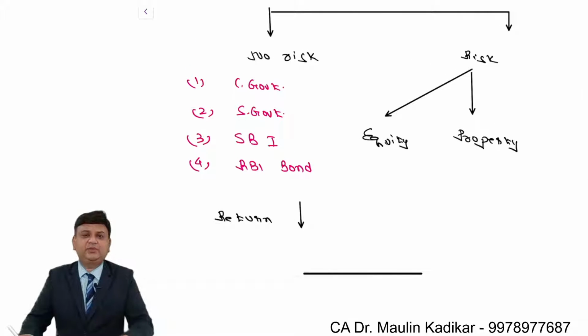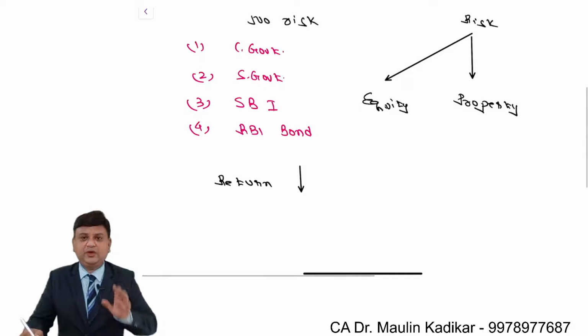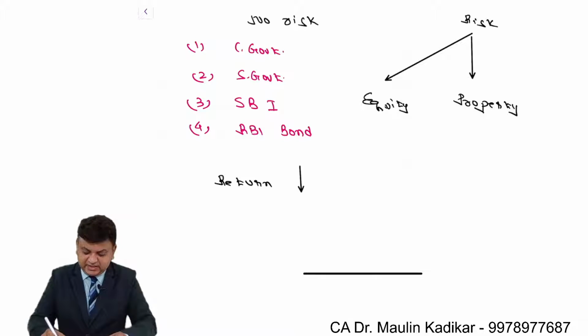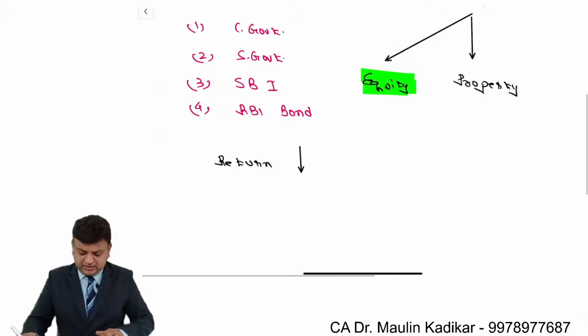All these investment opportunities have an element of risk, and of course the higher return is associated with that. In our chapter of portfolio management, we are going to discuss investment in equity instruments, that is, investment in securities, and that is equity investment.